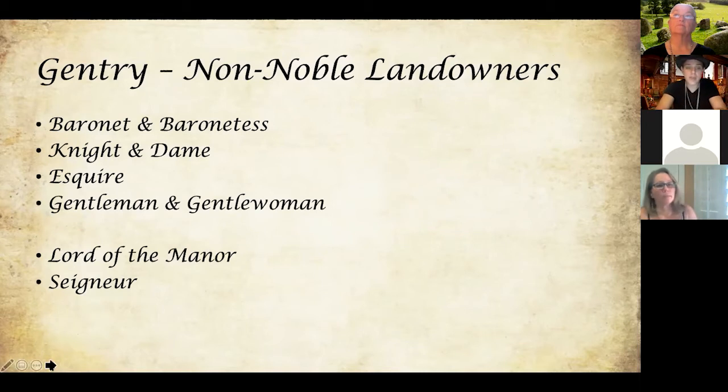Next, we're going to be looking at the lowest tier of the aristocracy, which is the gentry and the non-noble landowners. These people were not considered members of the noble class. However, they were considered in many cases to be either descended from the nobility or the bastion from which the nobility could be raised up from.